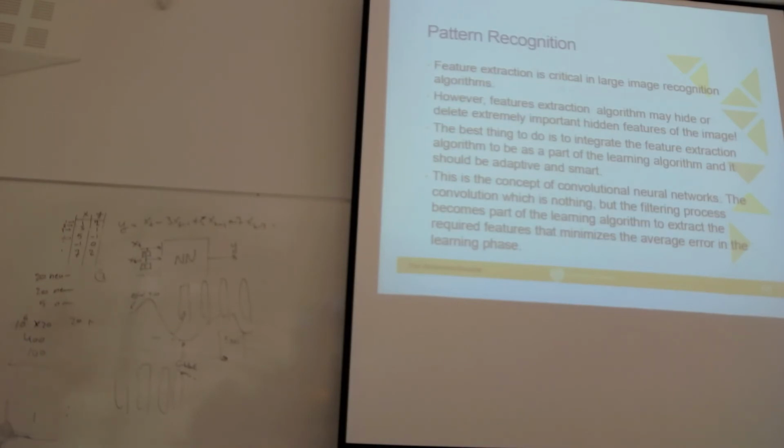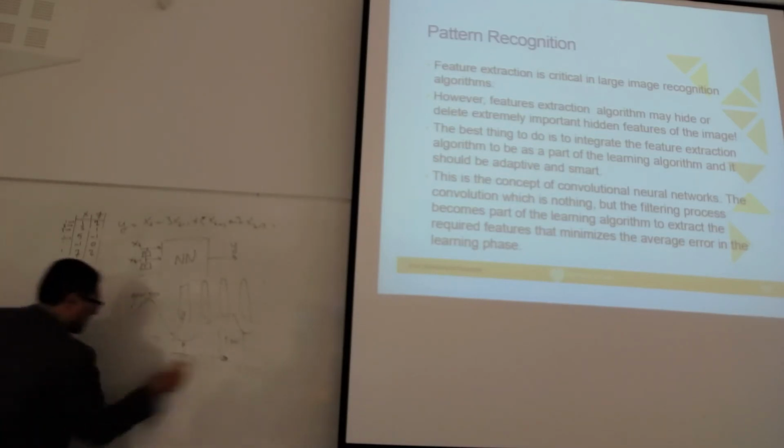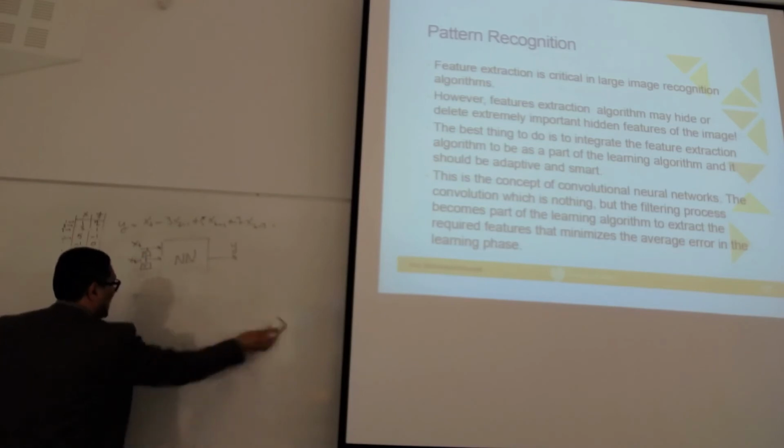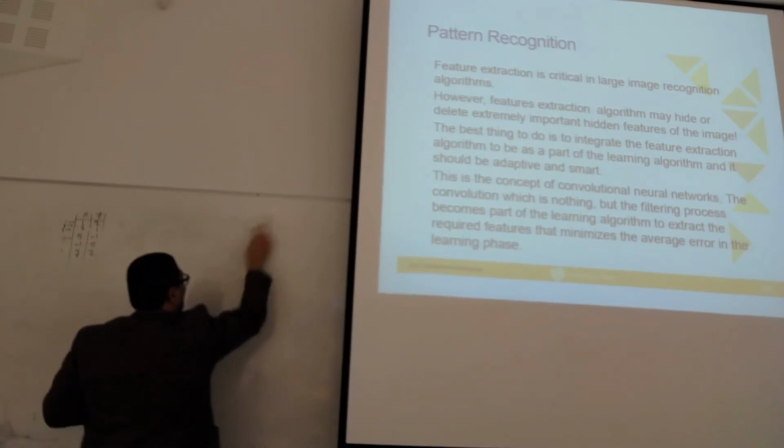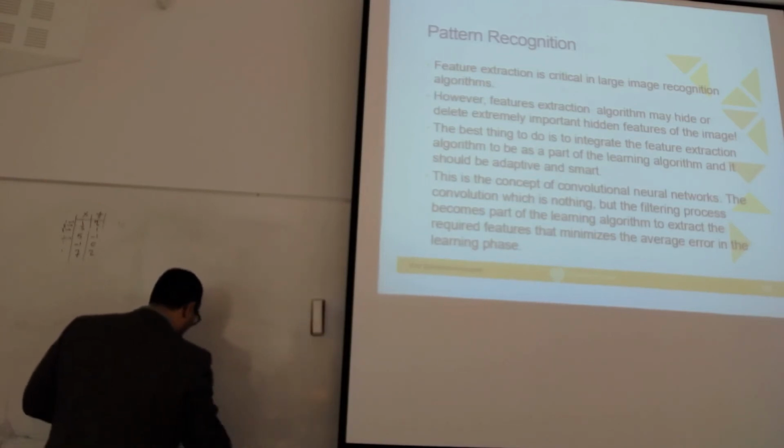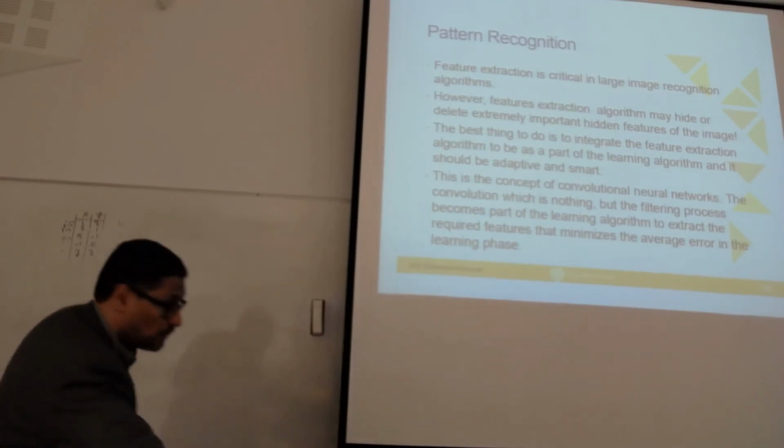It will not be separate algorithms, and it should be included in the neural networks as well, as we will see how to do it. Okay? But before that, let me explain this simple example about feature extraction and how to have features of a signal to be learned by the neural networks.